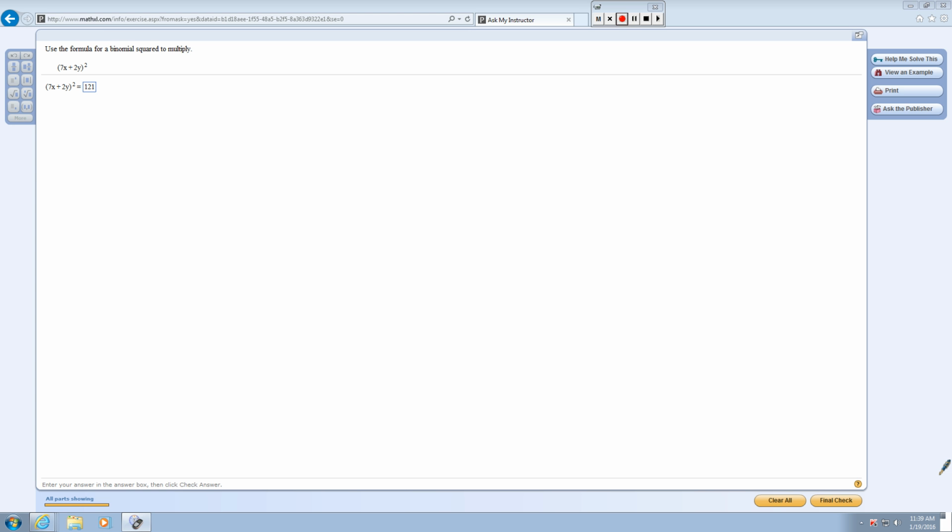So let's go over here and look at the problem we got. (7x plus 2y) squared. Now the first thing to do is find out which one it is. Well, that's a square, so that makes it still what? Circle, because it's still what? Cube.